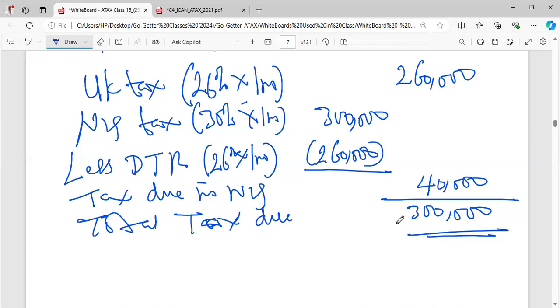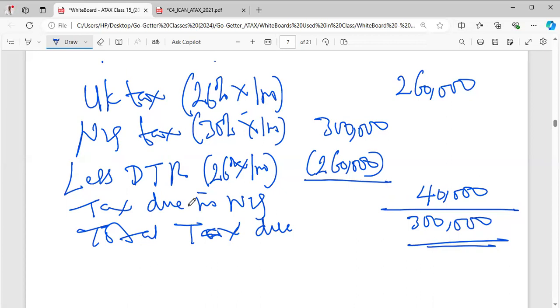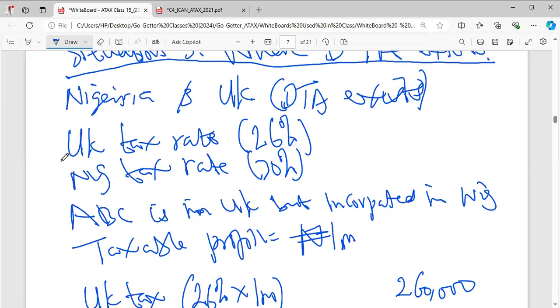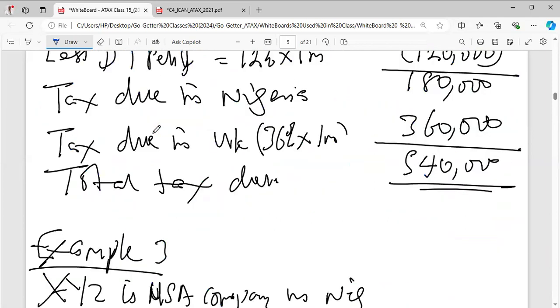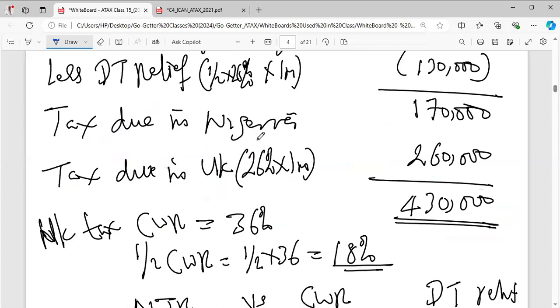Okay, let's look at this with the first one here. This is 300,000 here. Let's look at when it was 26% in UK. He was paying 430,000, as against 300,000.